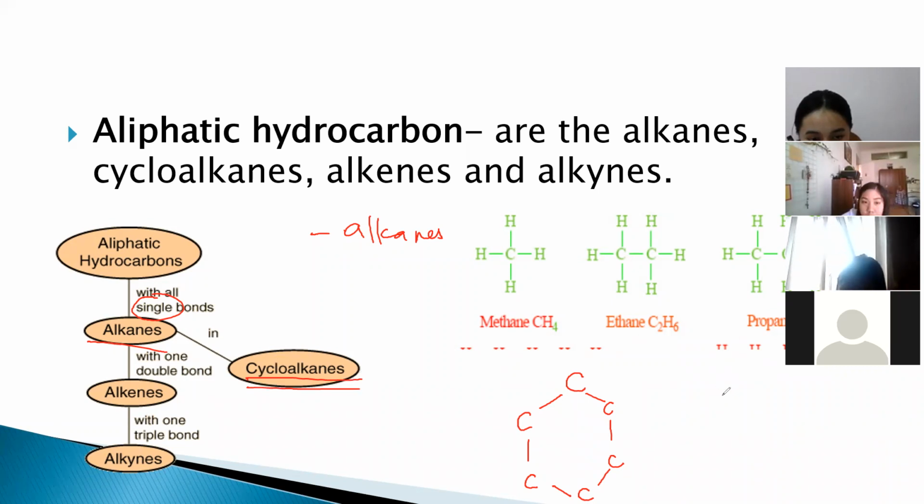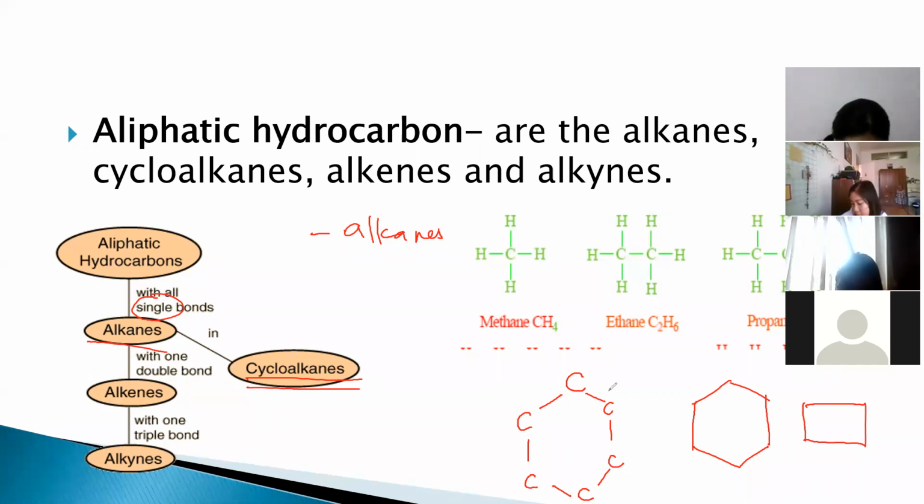So kapag makakita kayo, class, ng mga organic compounds na ganito yung itsura nila, mga rings ang tawag natin sa kanila. Pag single bond yan lahat, cycloalkanes.